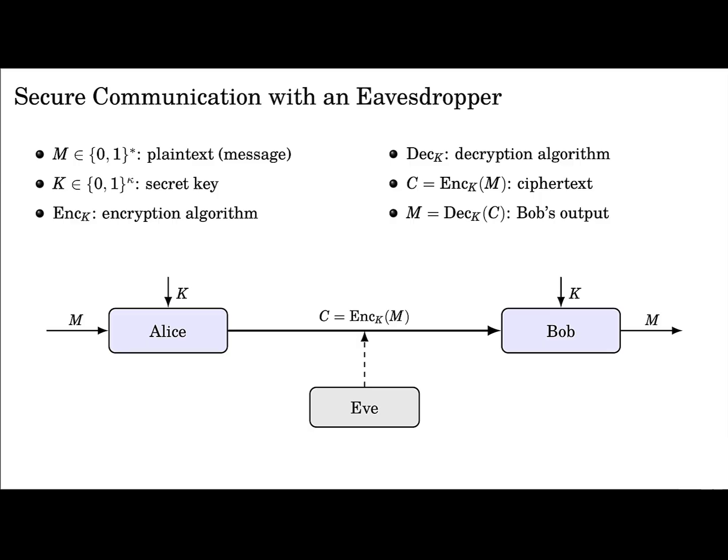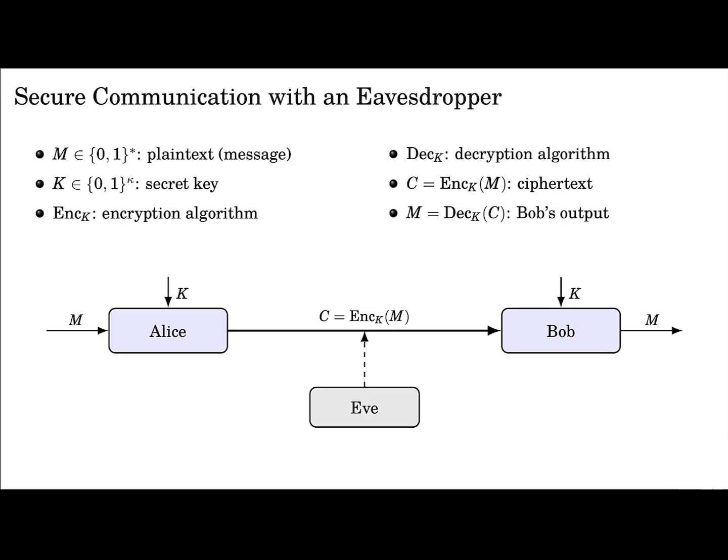So it's common to have a setting where you think of Alice wanting to communicate with Bob. So Alice is the sender, Bob is the receiver, and there's an eavesdropper, Eve, who is sort of spying on the communication channel. And so the way this works is that there's some plain text, M, that Alice wants to send to Bob. And here they share some secret key that Eve doesn't see, right?